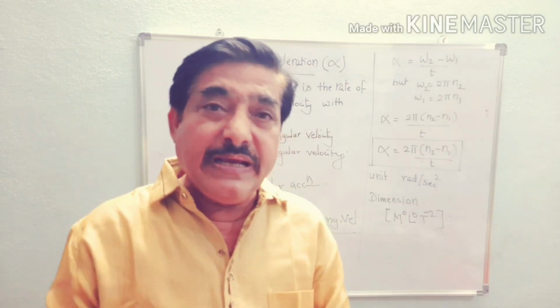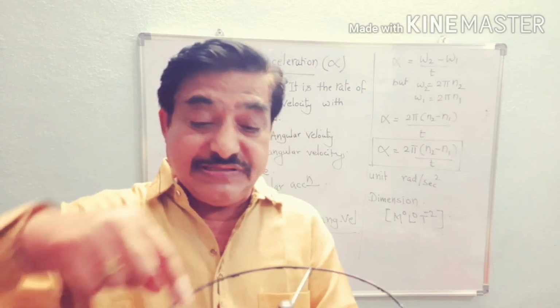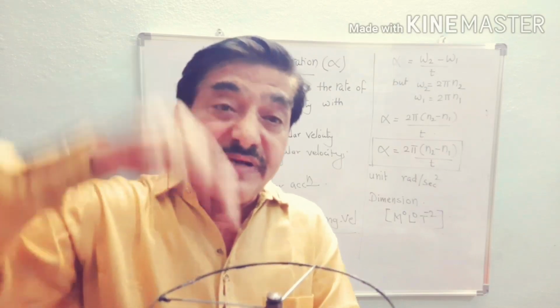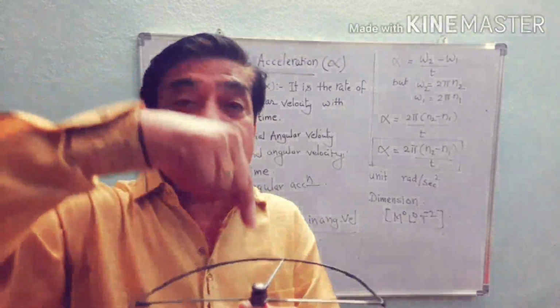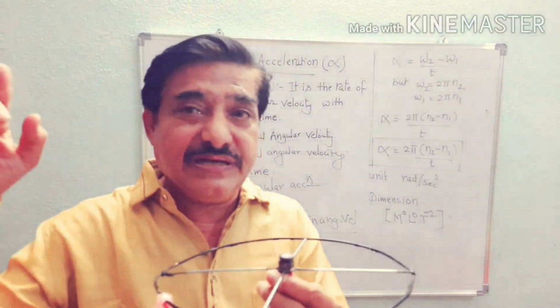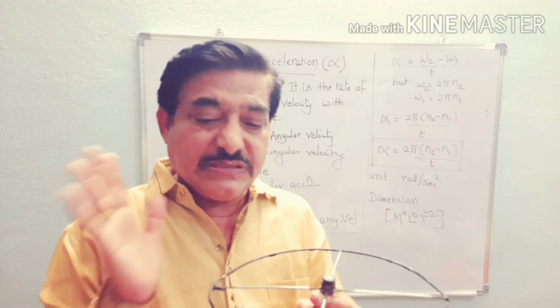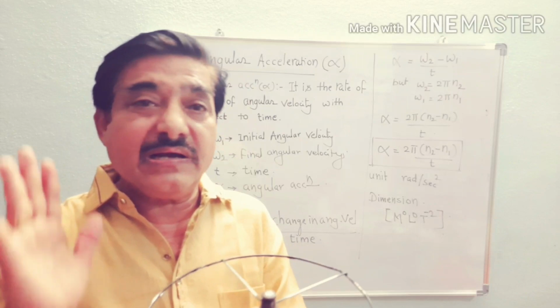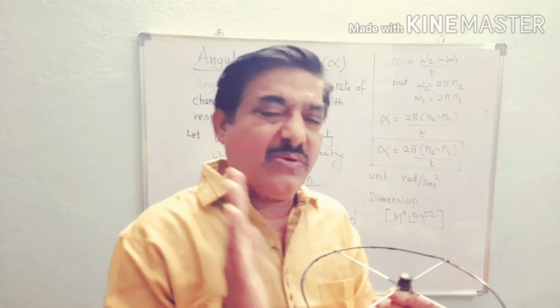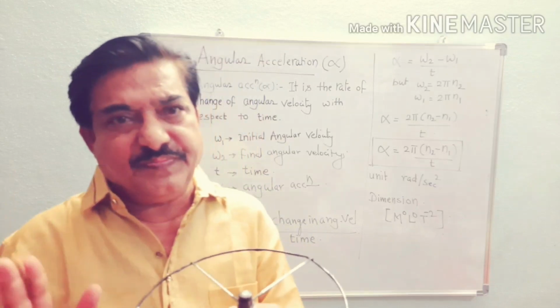The only quantity taken into consideration is that its speed decreases. As the speed decreases, alpha is in a downward direction and it is taken as negative.